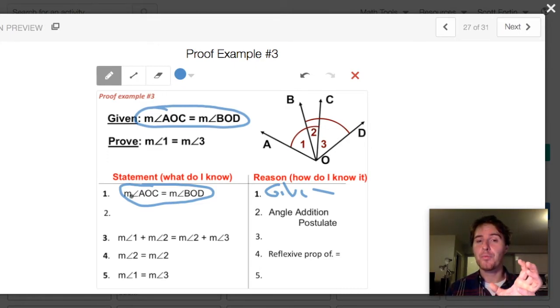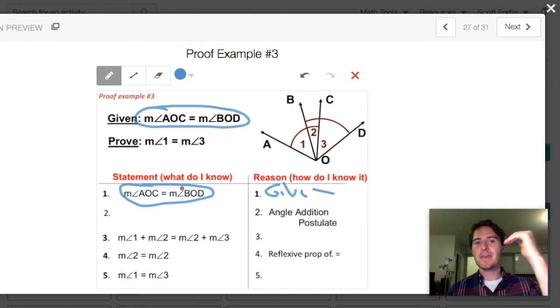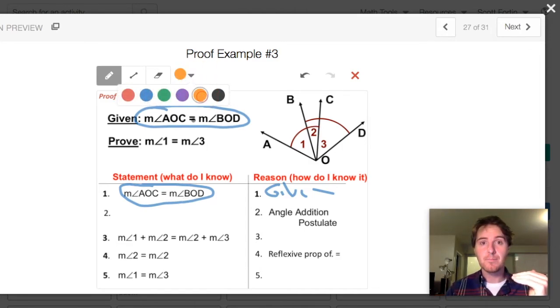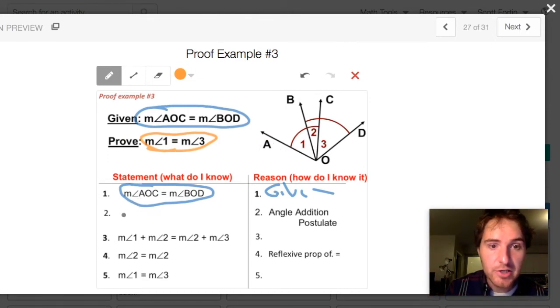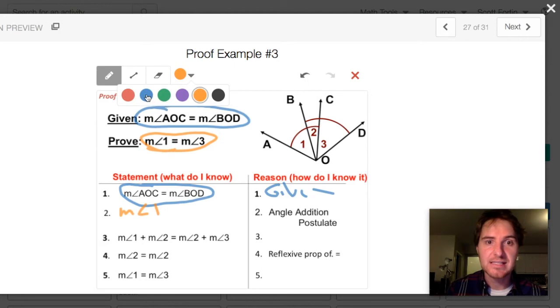Okay, so then we're talking about something in step 1. A really good step of a proof is when you're talking about stuff that came earlier and then is also going to come later, which is this right here. So check it out. With the angle addition postulate, what will really help me here is if I say measure of angle 1. That's good because that's going to be in my conclusions.